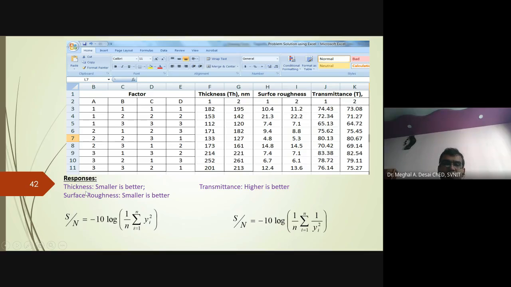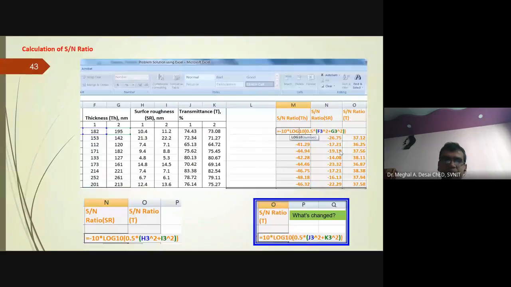In case of thickness, it was smaller is better. In surface roughness, smaller is better, and transmittance, higher is better. Okay, so this is how the responses have been decided. So I will show each one. Okay, how the treatment is done with the Excel.